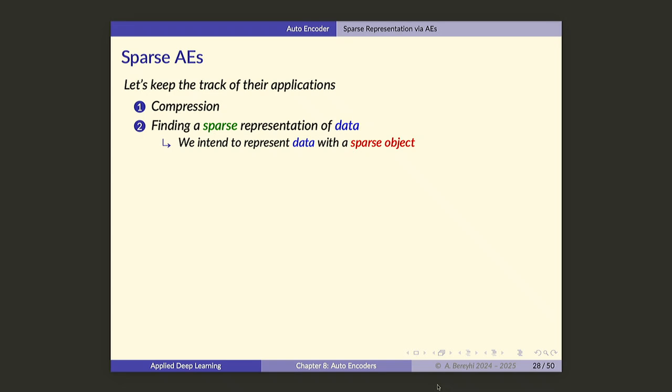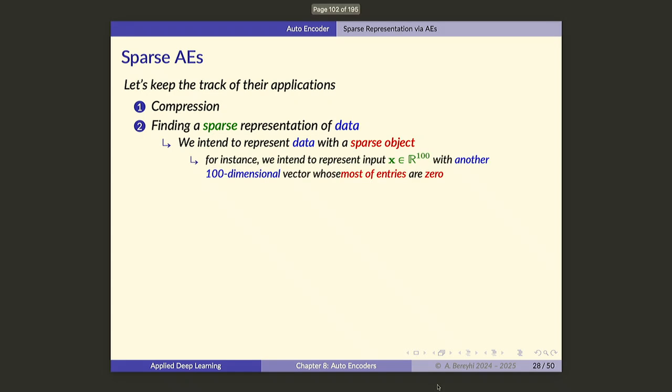So how you can think of it, for example: if I have one input, one data point, which is 100-dimensional, maybe I want to represent this signal with another 100-dimensional vector which is very sparse, with only a few non-zero entries. Why is it important? Because those few entries are able to regenerate my non-sparse input, exactly like the time domain example here, right?